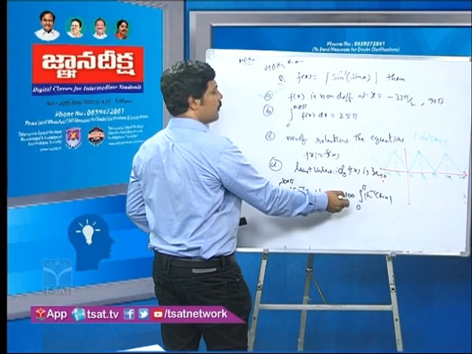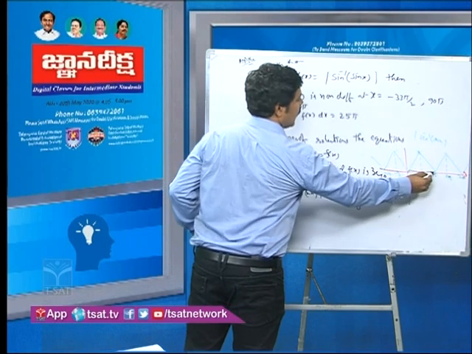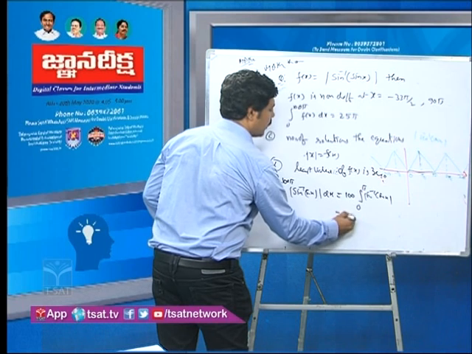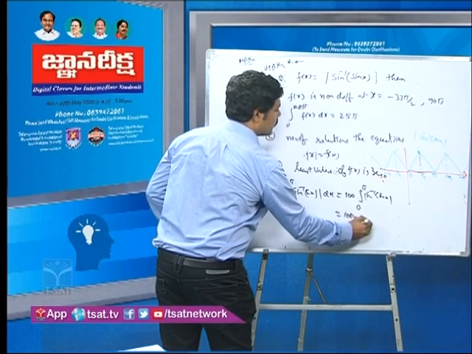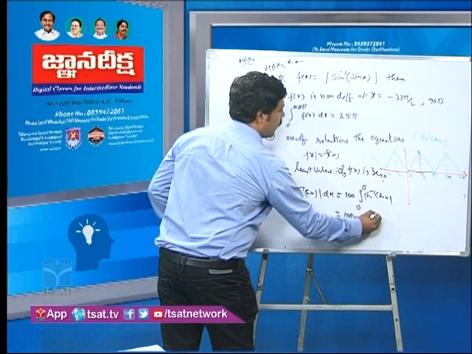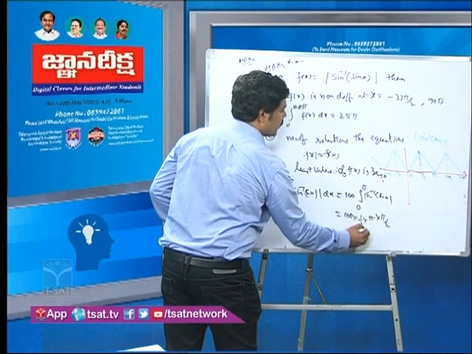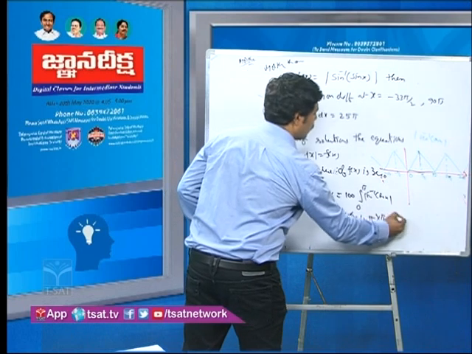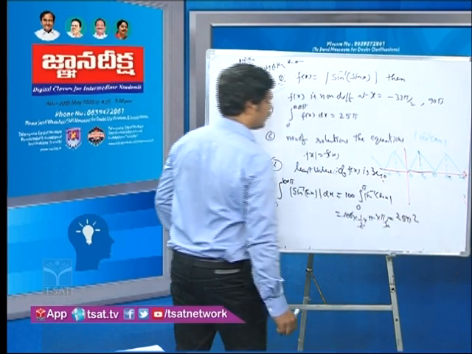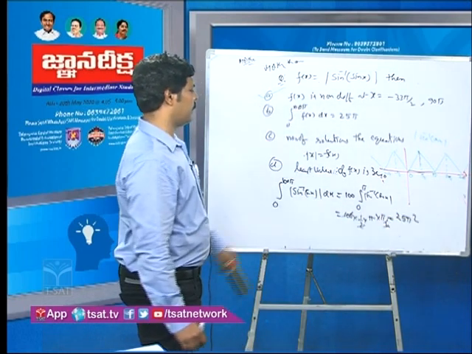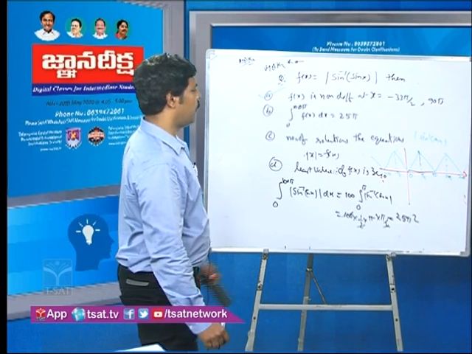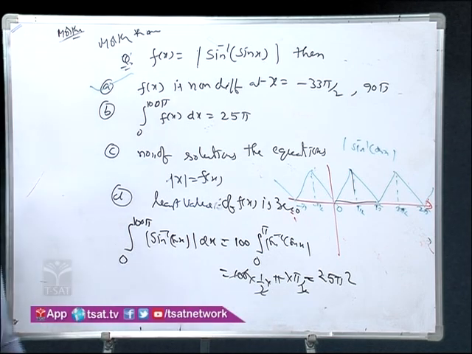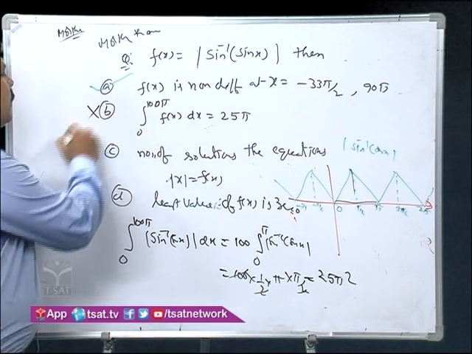For a periodic function, integral 0 to nT is n into integral 0 to T. From 0 to pi the base is pi and the height is pi by 2, so the area is half into base into height, half into pi into pi by 2. That gives 100 into pi square by 4, that is 25 pi square, but here it is given as 25 pi, therefore this is not correct.